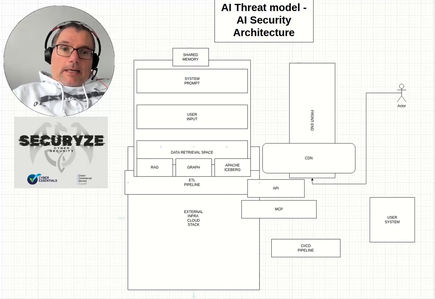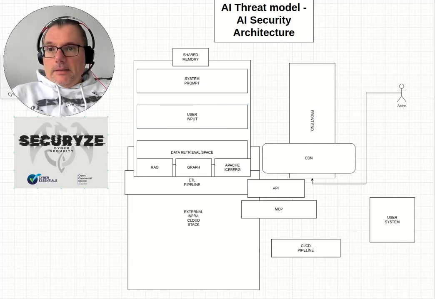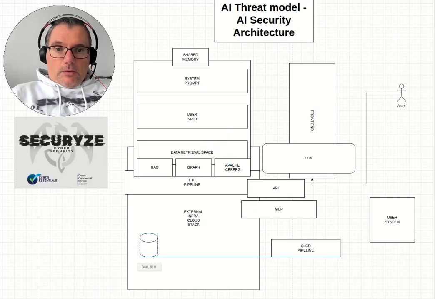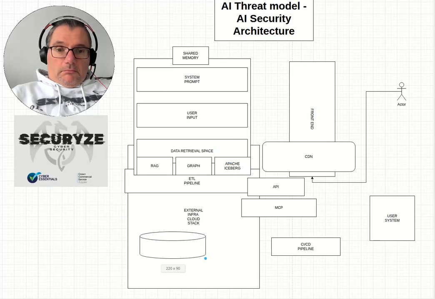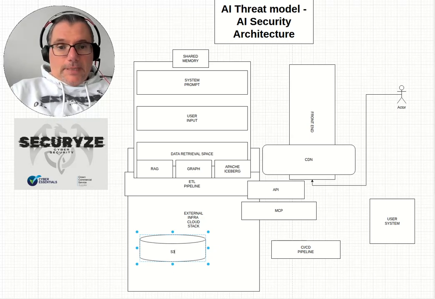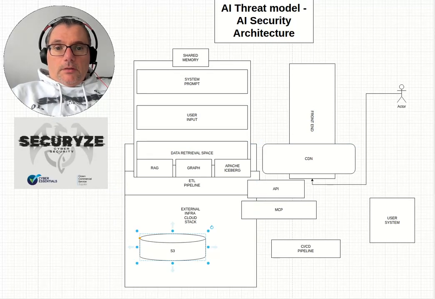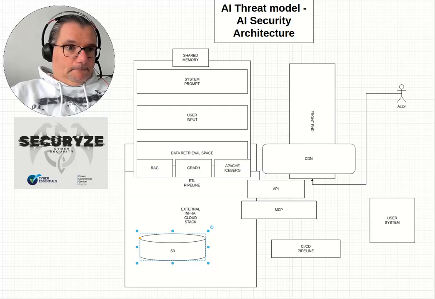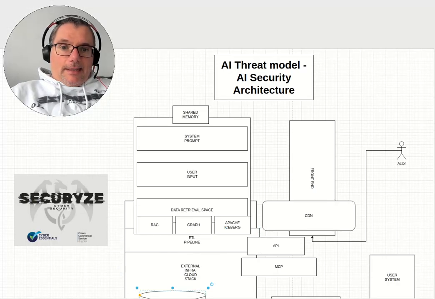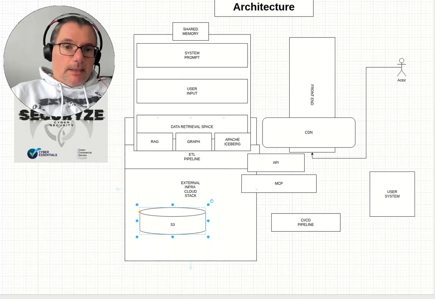Now, in this pipeline, we should also add what we connect to the AI itself, but I will put it inside here, so we can have S3 buckets, GitHub, supply chain kind. Obviously, it is integrated in the system. It can be integrated in the ETL. It can be integrated wherever.